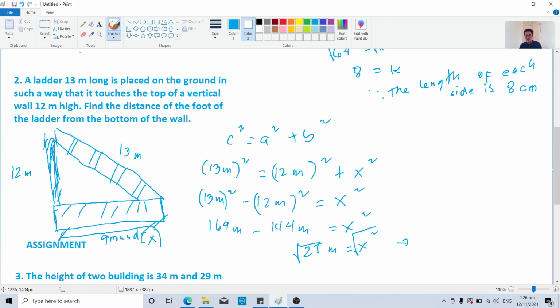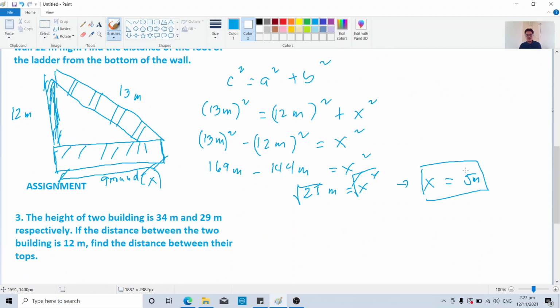Then, maka-cancel na yan. x is equal to square root of 25, that is 5. Therefore, the distance of the foot of the ladder from the bottom of the wall is equal to 5 meters.